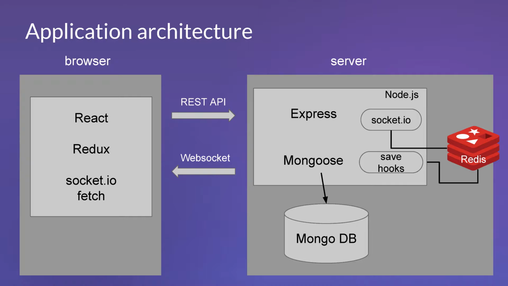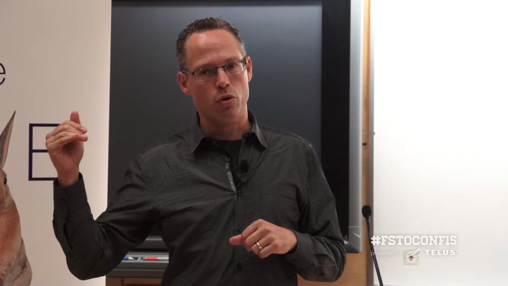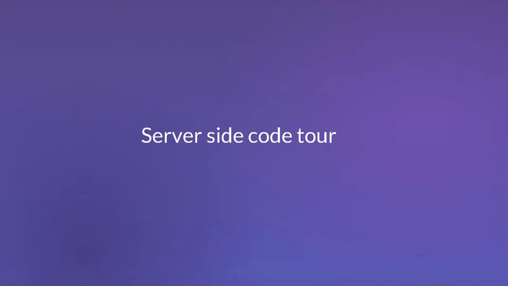And then I'm using Socket.io to drive my WebSocket layer. What I'm going to dive into is how we hook up lifecycle events for resources on the back end to pushing those updates out over the WebSocket to the front end and then displaying those within React. All right, so let's dig in a little bit on the server side.